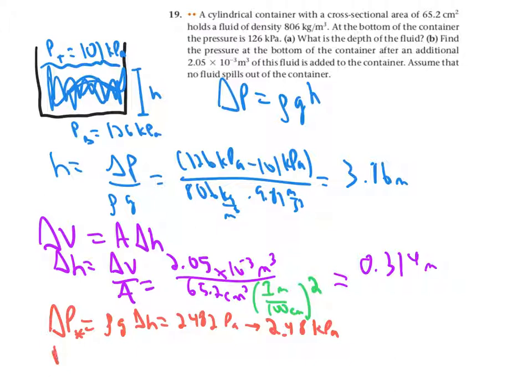Therefore the new pressure, which is the original pressure we had at the bottom before plus the amount we just gained, is going to be 126 plus 2.48, which is 128.48 kilopascals, but we can't create significance, so we have to round this, and I get 128 kilopascals. The textbook answer is 129 kilopascals. I'm pretty sure somewhere along the line we just disagreed on rounding for the sig figs. So we end up with that amount.